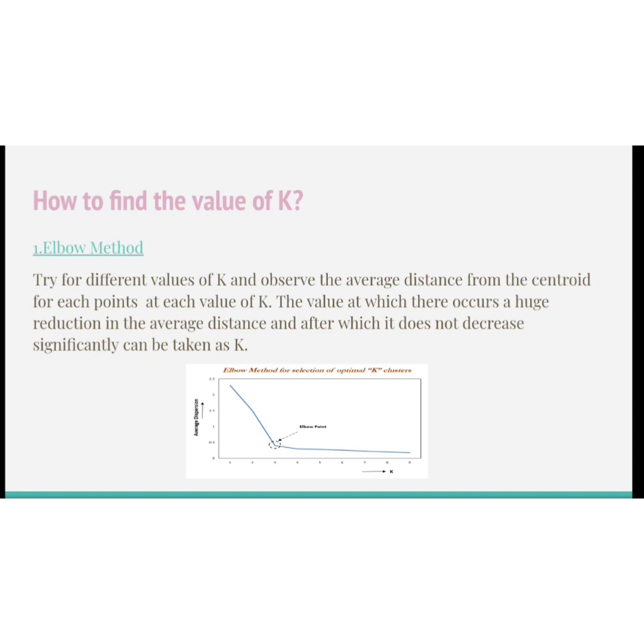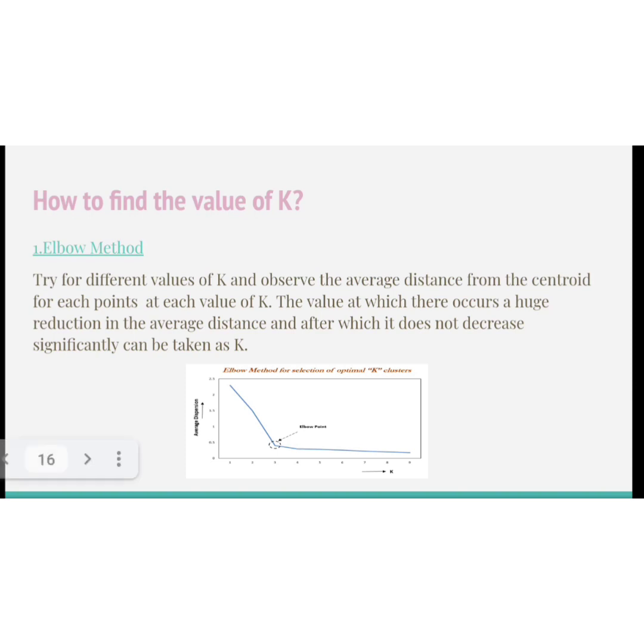Here we can see that when k equals 3, there occurs a huge reduction in average distance, and after that the graph is not that steep. Till then the graph was a little bit steep, but after that it's not that steep. So that's how to find the value of k. In this case the value of k will be 3. So this is one method.